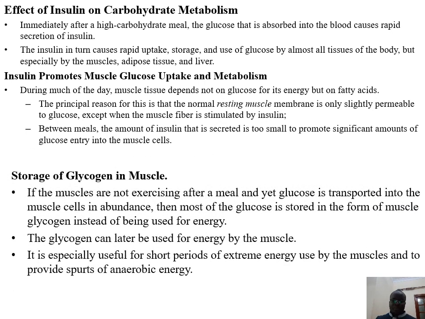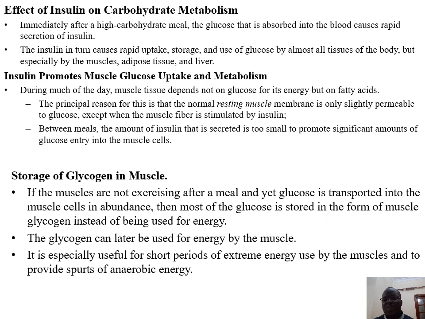Okay. Storage of glycogen in muscle. If the muscles are not exercising after a meal, yet glucose is transported into the muscle cells in abundance, then most of the glucose is stored in the form of muscle glycogen instead of being used for energy.